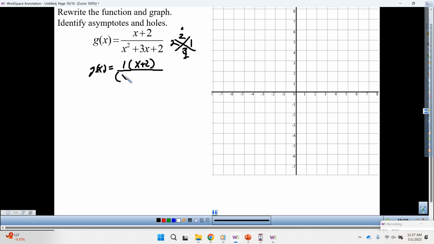So my factors are x plus 2, x plus 1. So far so good, yes? Simplify and rewrite: 1 over x plus 1. Hands up if you got that by yourself. Okay, we good?